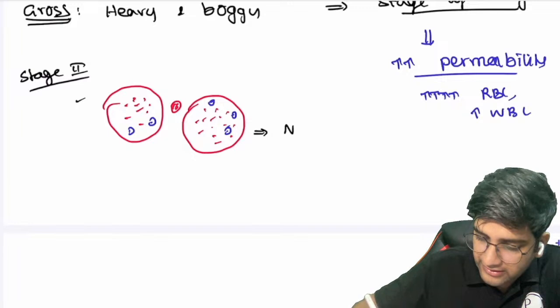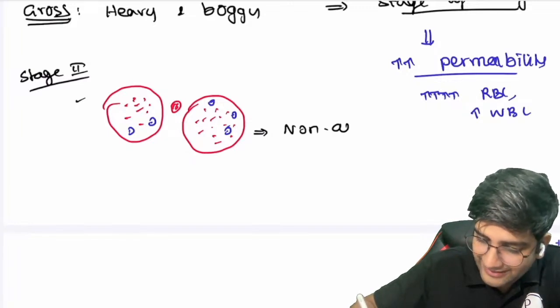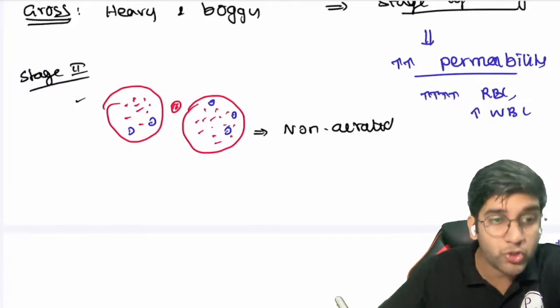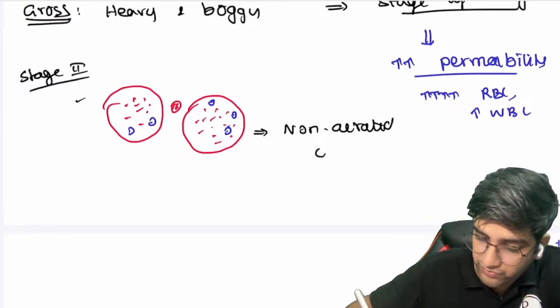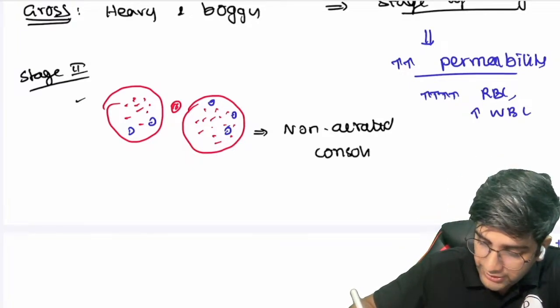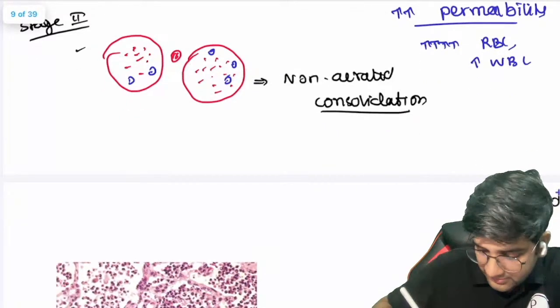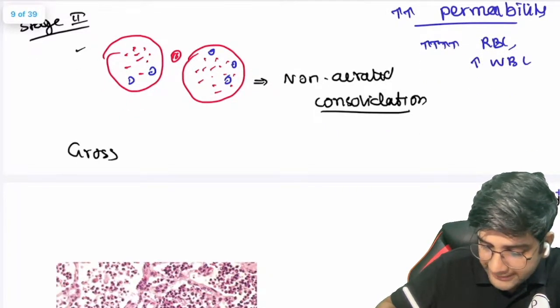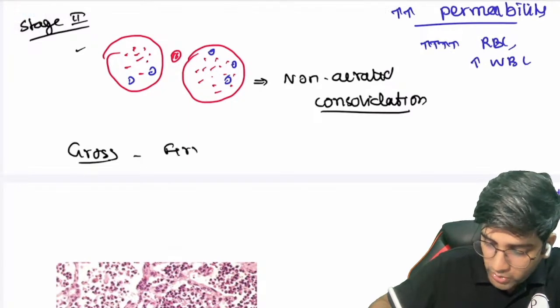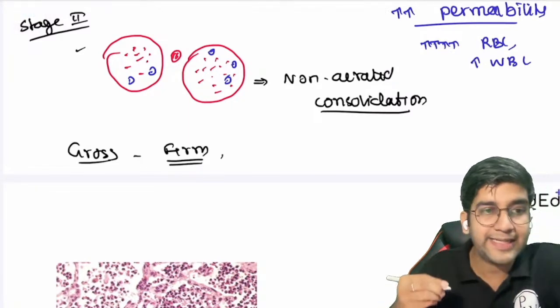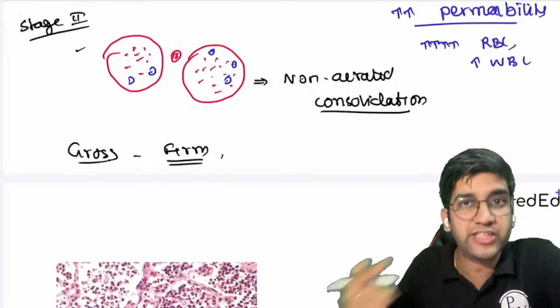Here, this lung is non-aerated. Like we said first, we are going to call it consolidation. This consolidated lung, like you said, grossly will be firm. Once it is firm, it will not feel like a lung, it feels like a liver.